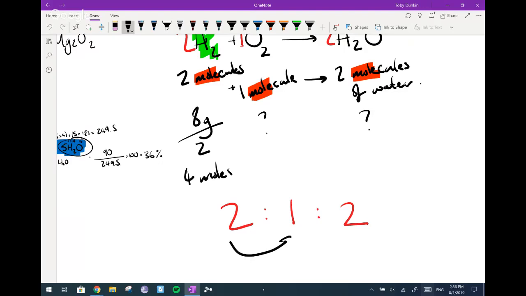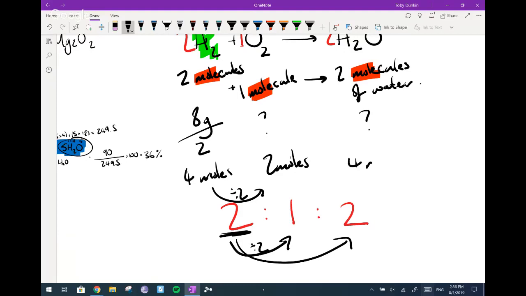So if I was given 2 molecules of hydrogen and I need 1 oxygen, then to get from 2 to 1, I need half as much. So I'd divide by 2. I had 4, so I divide that by 2, which gives me 2 moles of oxygen. And then, oh look, 2 to 2, it's the same number. So 4 moles of hydrogen will give me 4 moles of water.